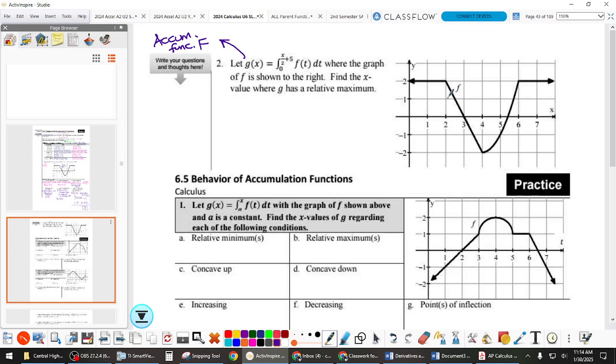All right, find the x value where g has a relative maximum. So now it says relative, not overall. So what are we looking for? Big F prime of X changes signs from positive to negative.